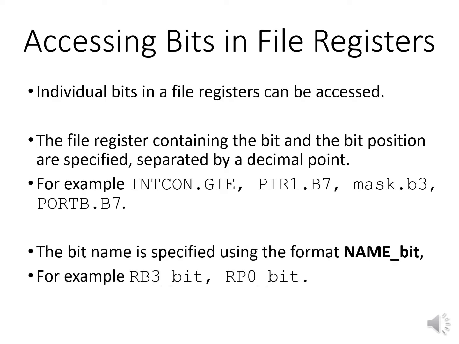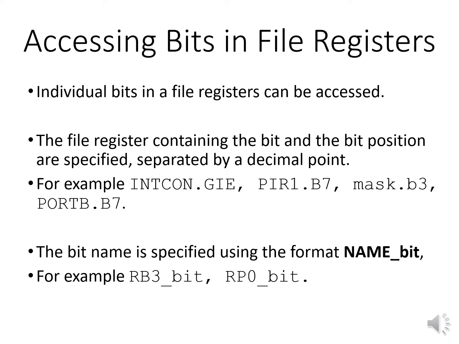A number of PIC instructions operate on the individual bits in the file registers. There are two ways of addressing the individual bits in a file register when using Mikro C programming language. In the first way, the name of the SFR that contains the bit or the variable name of the GPR that contains the bit, together with the name of the bit or the bit position separated by a dot, are used to address the bit.